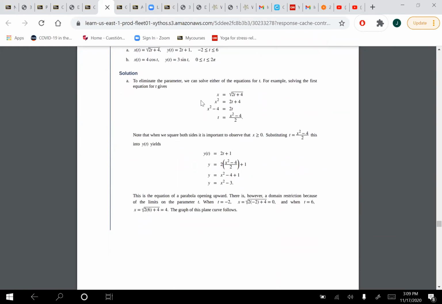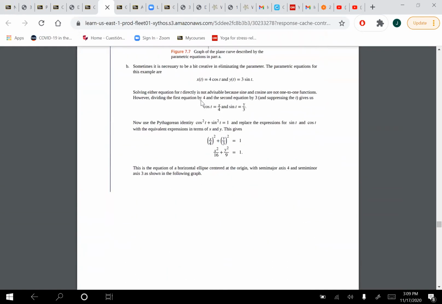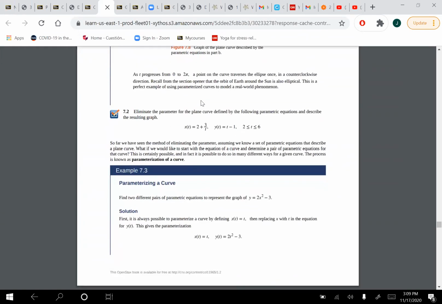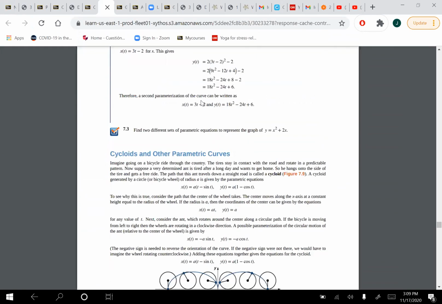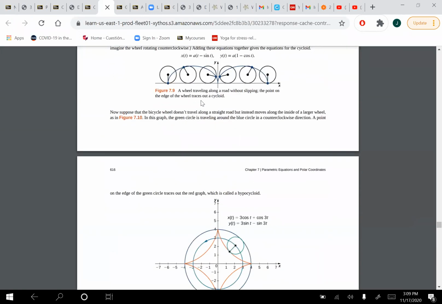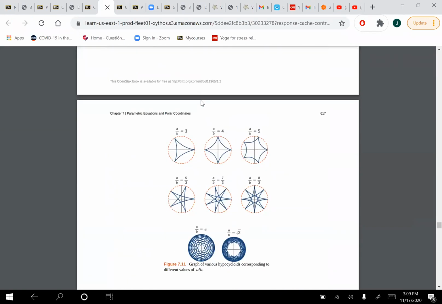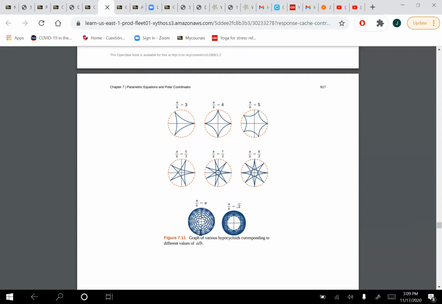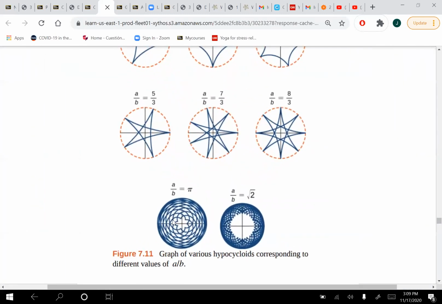But what I want to show you, I'm going to show you these guys. You see these guys? This is the kind of stuff that you can do with parametric equations.